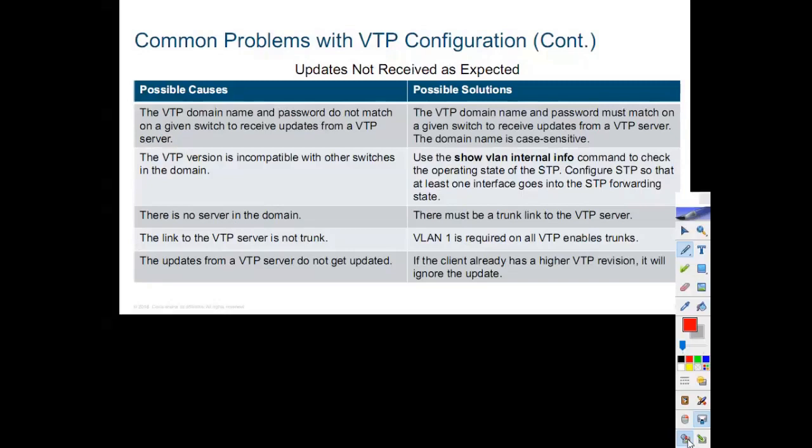Be careful with that. Another issue here is that VTP versions are incompatible. What does that tell you? Some switches are configured using VTP version 1, some are version 2, and some are version 3. It's not a good scenario. So you have to be compatible, whatever version you are using.